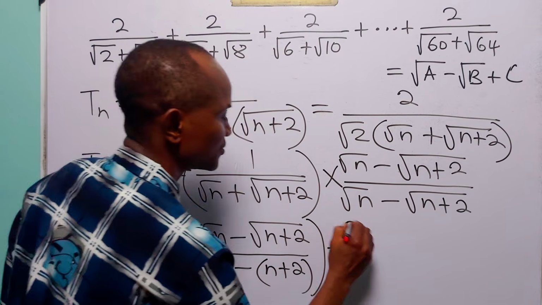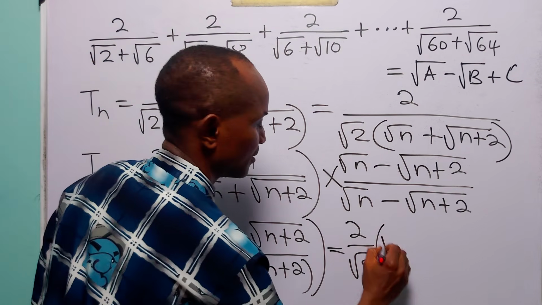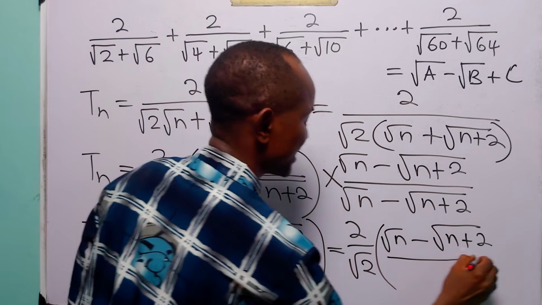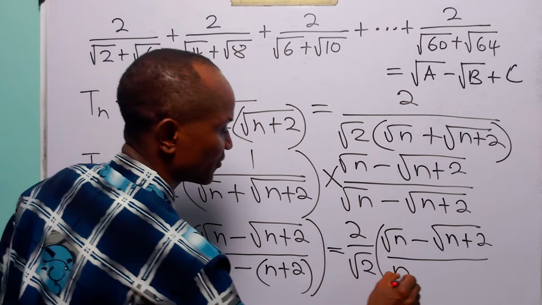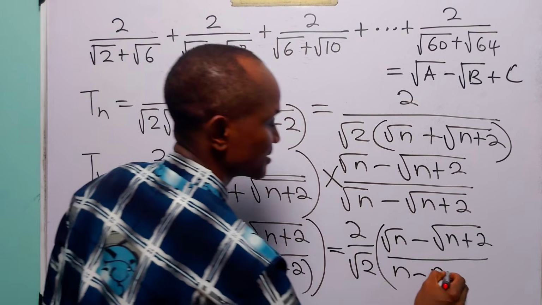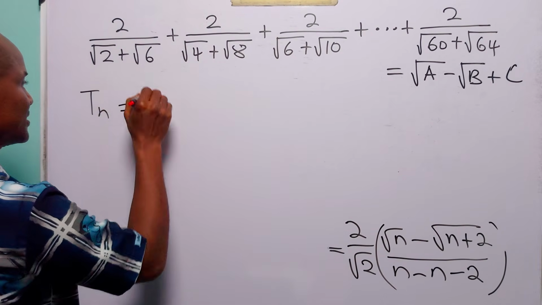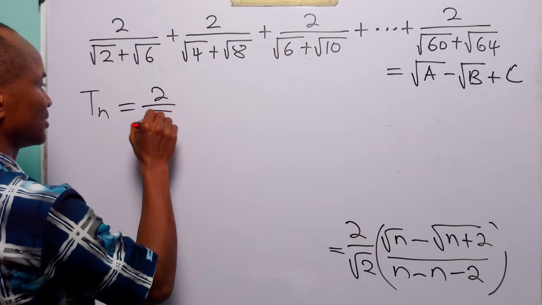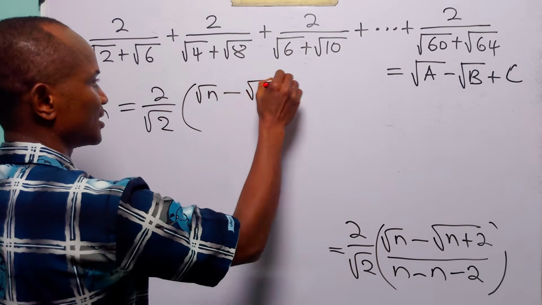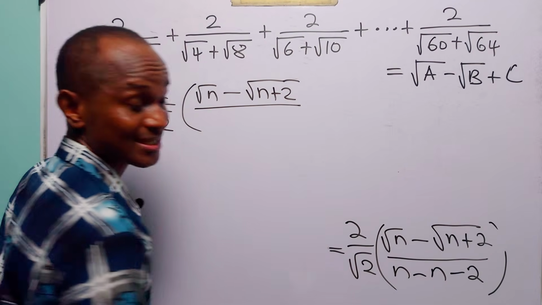Now this is equal to 2 over root 2 times root n minus root n plus 2 divided by, opening this bracket, we have n minus n. Minus plus is minus 2. And from here, we have that Tn is equal to 2 over root 2 times root n minus root n plus 2 divided by n minus n is equal to 0.